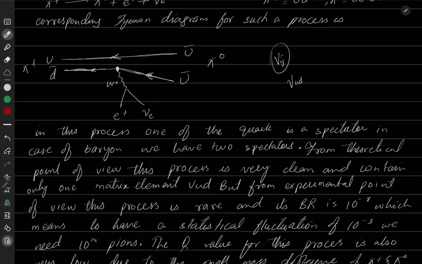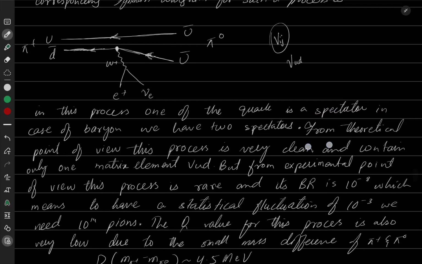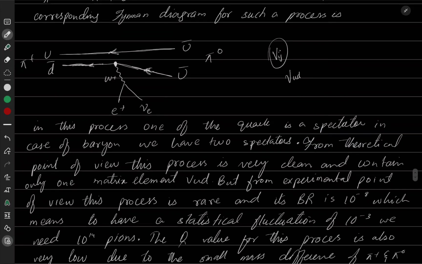And in this process, in this Feynman diagram, the U quark is a spectator, and if we have a hadronic decay, I mean if we have a baryon, then we will have two quarks as spectators. Okay, now this specific process has a branching ratio of 10 to the minus 8, which is very small.